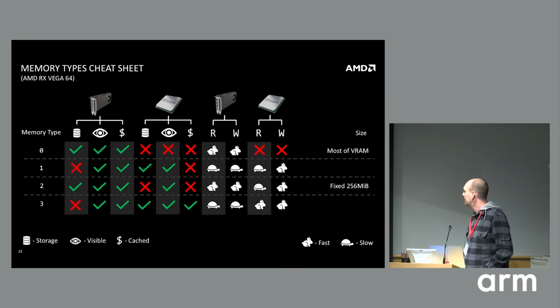In this case for type 0, we can't see this memory from the CPU, so you can't map it. It's only visible by the GPU. And it's not cached, obviously, because it's not visible. Therefore, you can't do any operations on it, so we have big crosses over here. And the read and write speed is fast. So in this row, this is more or less what you typically think of when you think of VRAM.